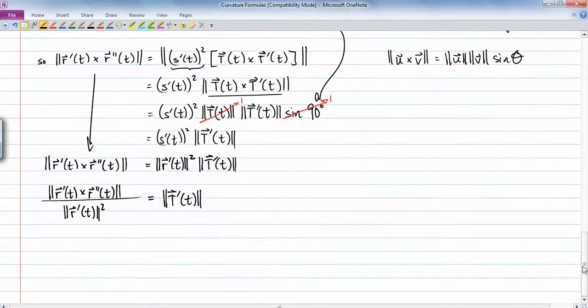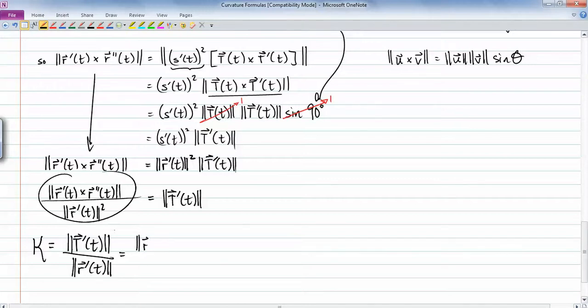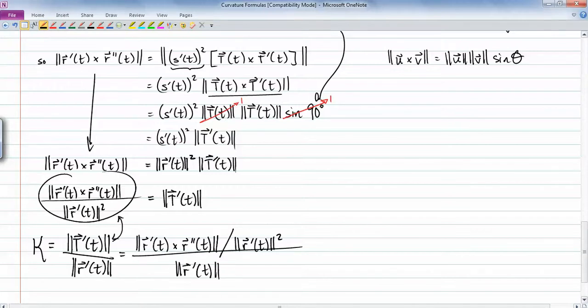Now recall that curvature in the formula that we derived before was the magnitude of T'(t) over the magnitude of r'(t). So using this substitution for that first term, it's going to be the magnitude of r' cross r'' over the magnitude of r' squared, all over another magnitude of r'.